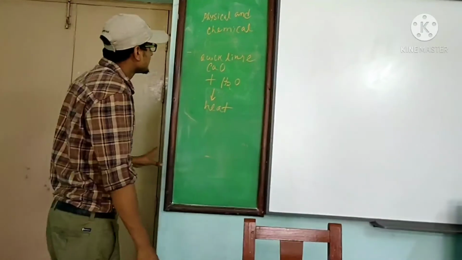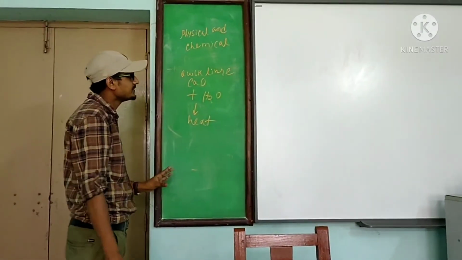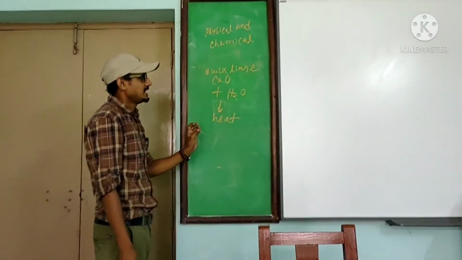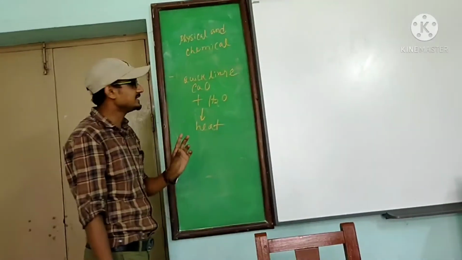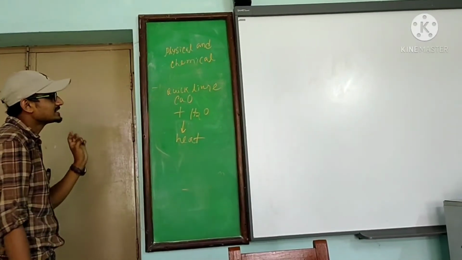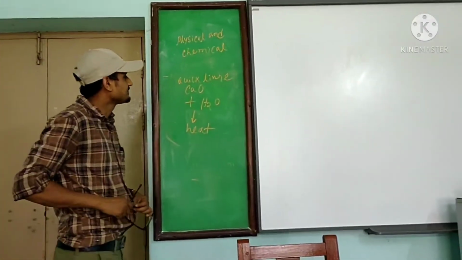Okay, so we have discussed two experiments. One is the magnesium ribbon experiment and another one is the quicklime experiment. Okay, these two are very important, and it can come in your exam as: give two examples of experiments which show a chemical change.